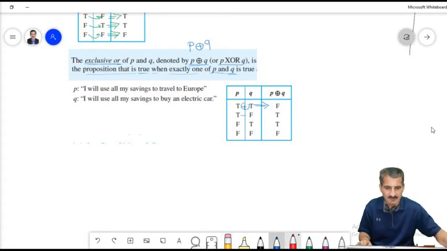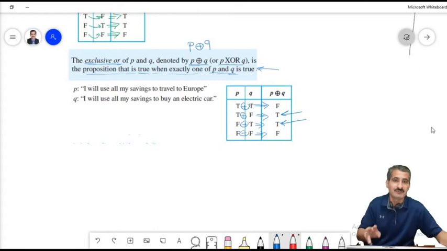True XOR false gives us true. False XOR true gives us true. False XOR false gives us false. The statement says it will give us true only when exactly one of them is true. If both of them are true, then the XOR is false. If both of them are false, then the XOR is false.